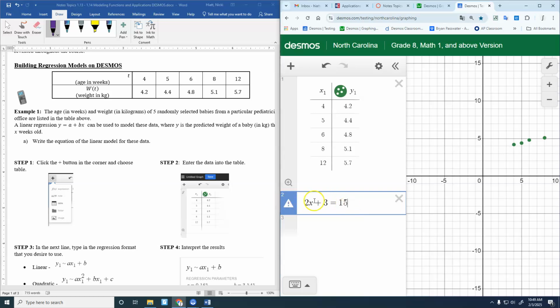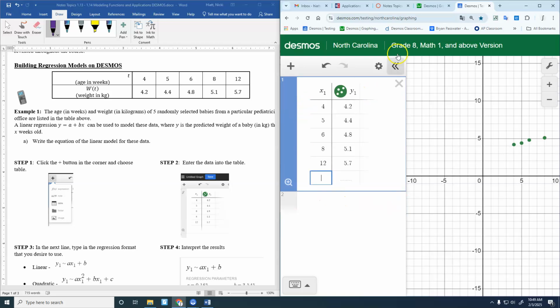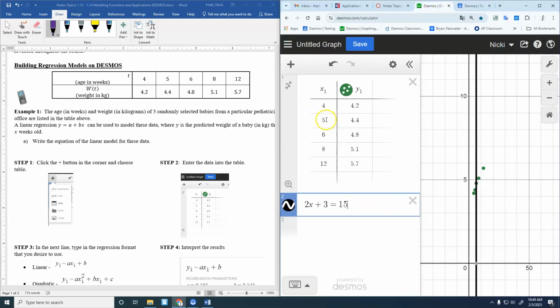So they have restricted that capability on the tested one, mostly because they don't want you to just type it in. Now there's still f of x, g of x, see where they cross. It'll still do that. But it won't do this. So I wanted to show you here, I don't know exactly what the AP Precalc one is going to look like yet, because I think I did get an email about that.